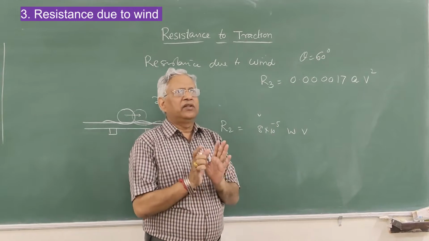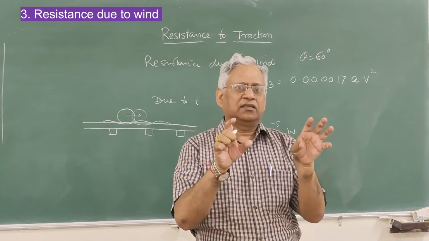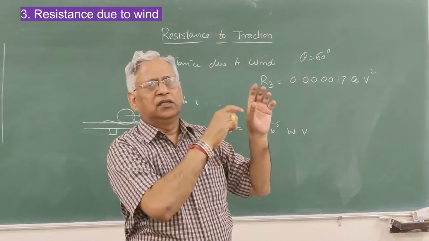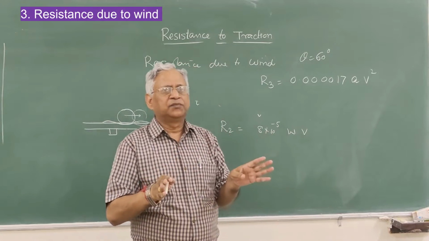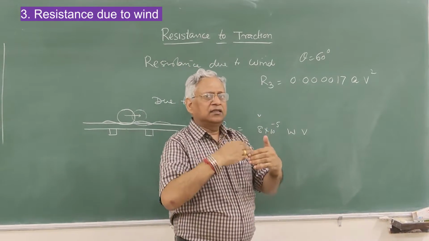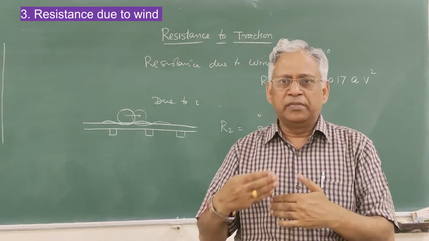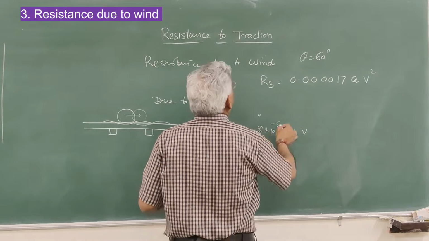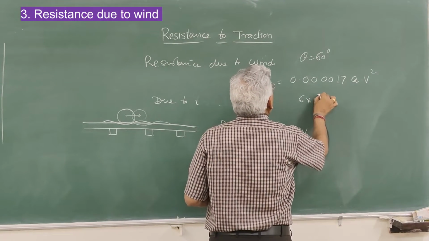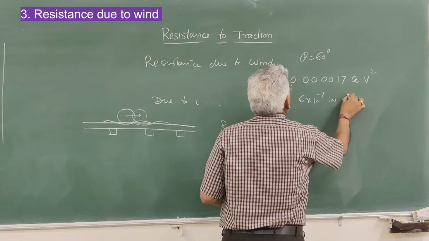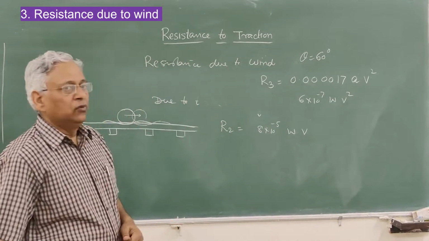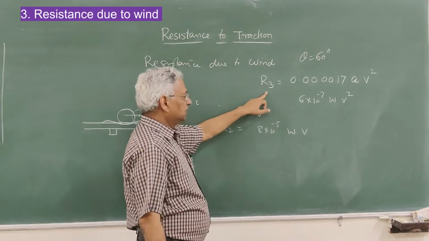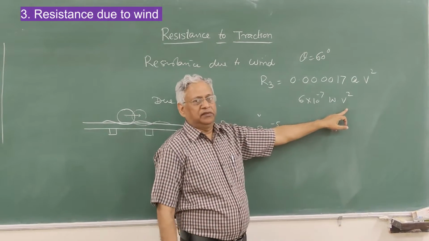Because in case of railways, the size or dimensions of the wagons, the coaches and the locomotive are more or less standardized, rather than using area which is difficult to measure, we take the weight of the train, and it is taken as R3 = 6 × 10^-7 × W × V², where W is the weight of the train, R3 is the resistance due to wind, V is speed in kilometer per hour.